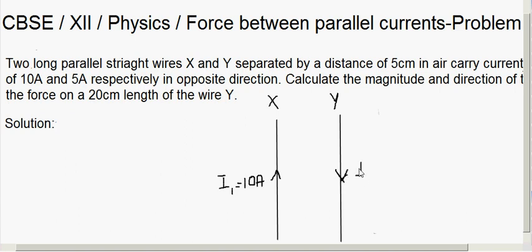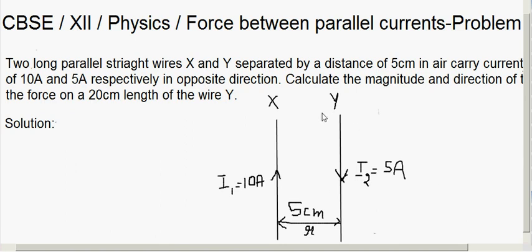Downward direction of current I2 is 5 amps. The distance between the wires is given as 5 centimeter. Let us say that is R.